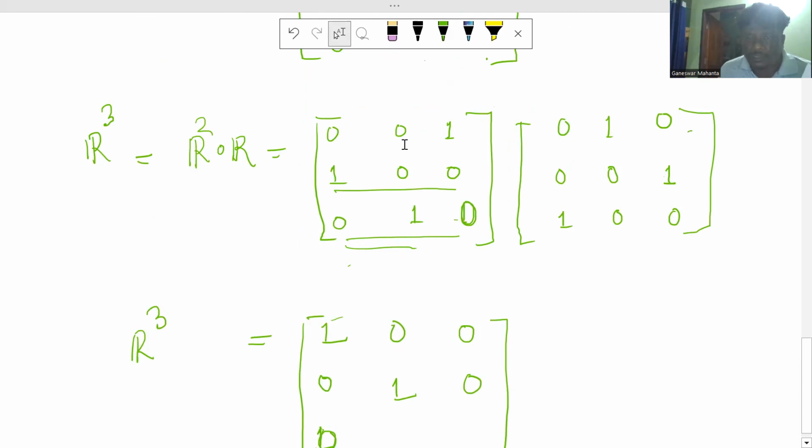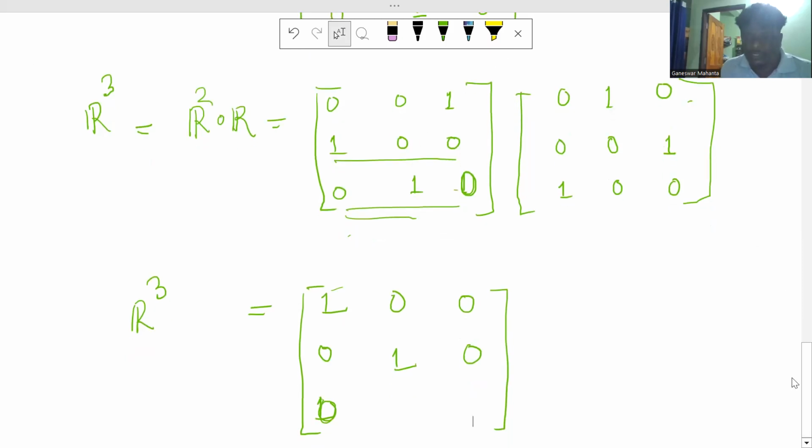R square: 1, first 0, 1, second 0, third 0, second 0, first 0, first 1, then 0, first 0, second 0, third 1, right?